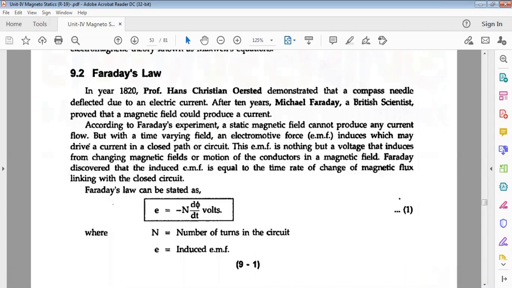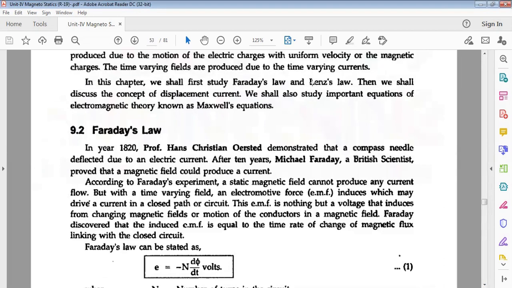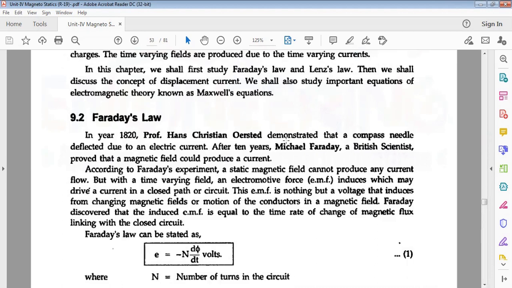One is Gauss law of magnetic field, another one is Gauss law of electric field. In Maxwell's equations, there are 4: Ampere's circuit law, Faraday's law, Gauss law of magnetic field and Gauss law of electric field.